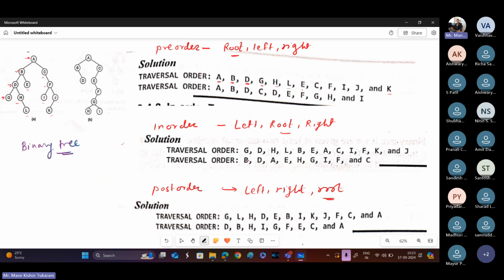Then in order means what? First, we have to start with the leftmost node.